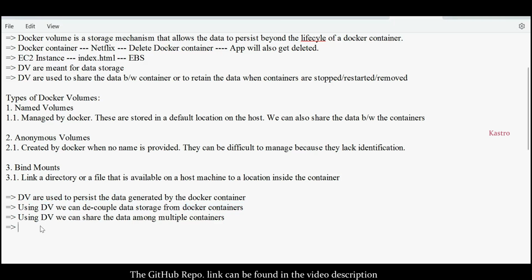So if you delete the Docker container, that does not mean the Docker volume will get deleted. On deletion of a Docker container, Docker volumes will not be deleted.